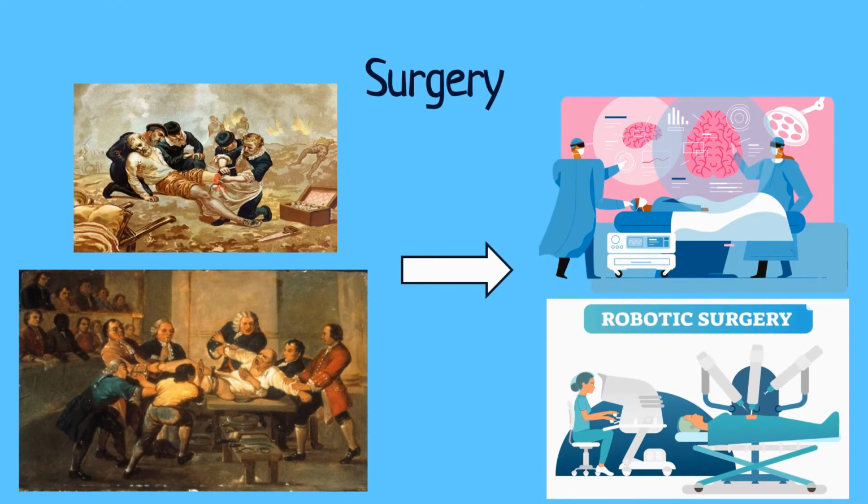Undergoing a surgery before anesthesia or antiseptics were introduced was very horrifying for patients. Cutting the body of the patient in order to remove the sick or damaged part brought infection or even death and a lot of pain. To operate, the doctors wore black coats.